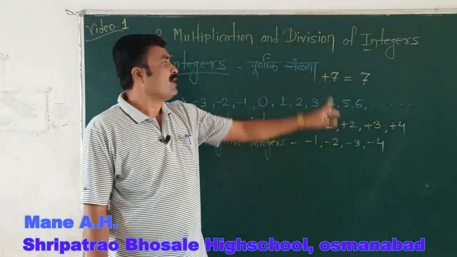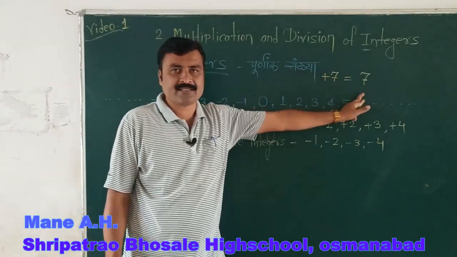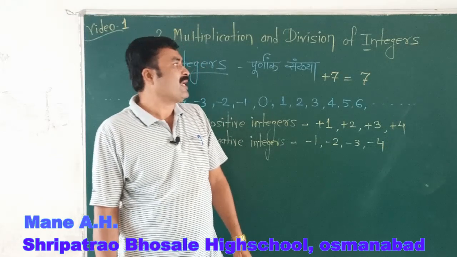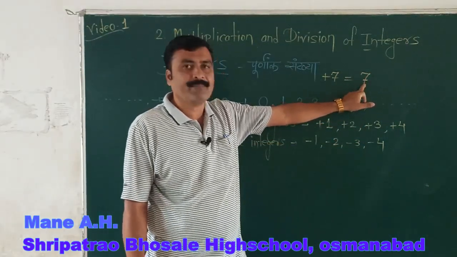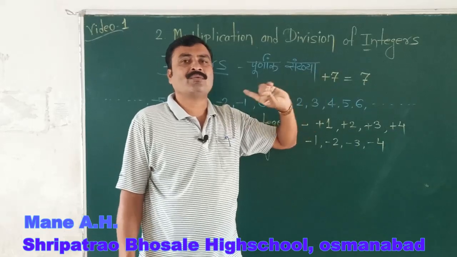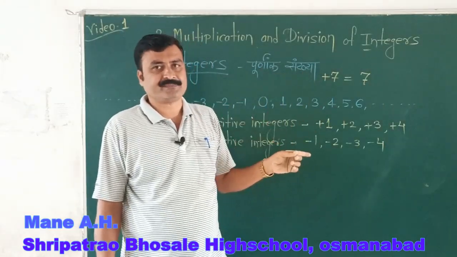So we can write +7 or simply 7. When we do not attach any sign to a number, it is always supposed to be a positive integer.